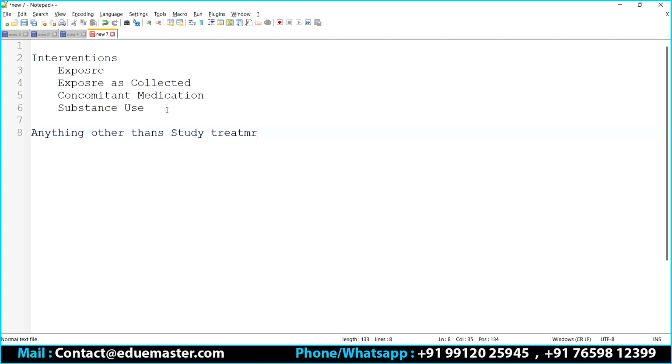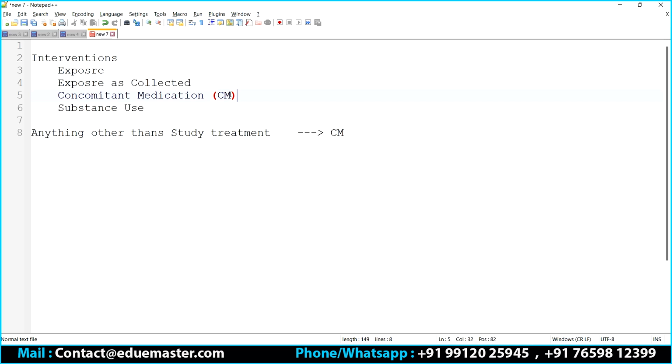Can someone please tell me? Anything other than the study treatment will be recorded under which domain? Can I say it is under concomitant medication? CM is the domain responsible for any treatment, any drug or any medicine other than the study treatment or the study drug. That will flow here.